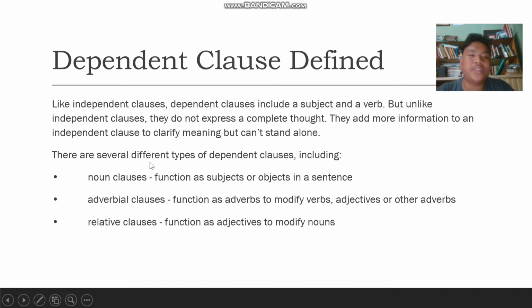There are several different types of dependent clause, including, first, noun clauses, which function as subjects or objects in a sentence. Second, adverbial clauses function as adverbs to modify verbs, adjectives or other adverbs. Last but not least, relative clauses function as adjectives to modify nouns.